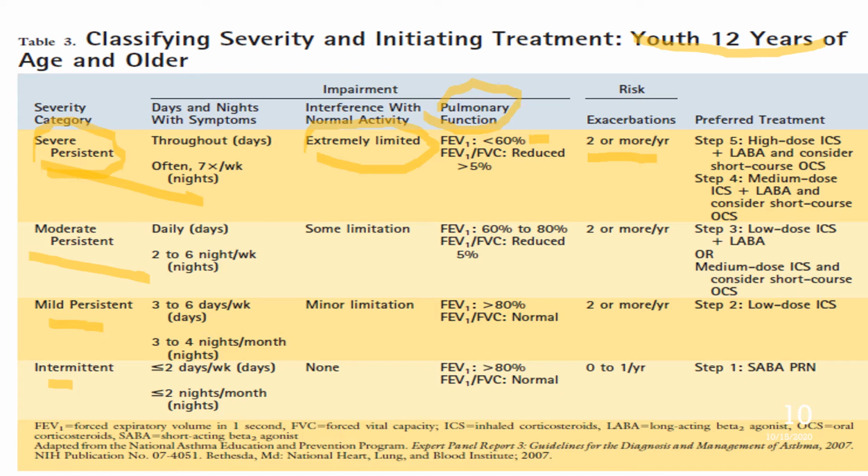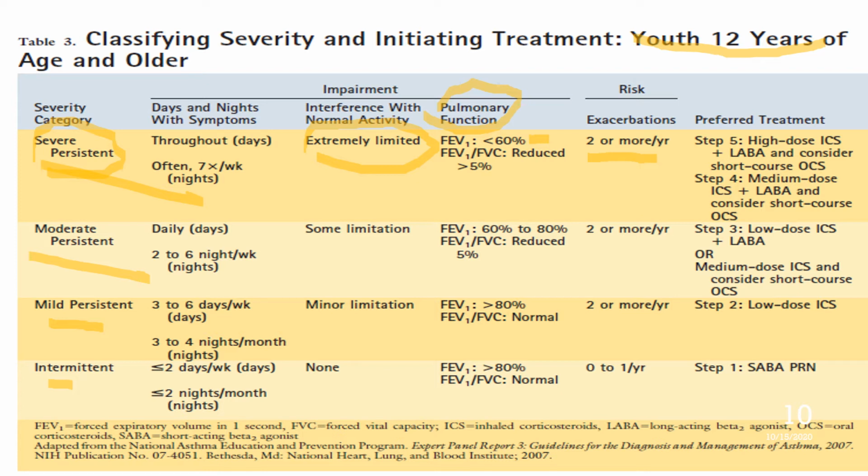So if your initial diagnosis is severe persistent, you are going to be given medications to manage yourself. As you can see, the preferred treatment all the way on the right is step 5. Step 5 is high-dose inhaled corticosteroid plus long-acting beta agonist.